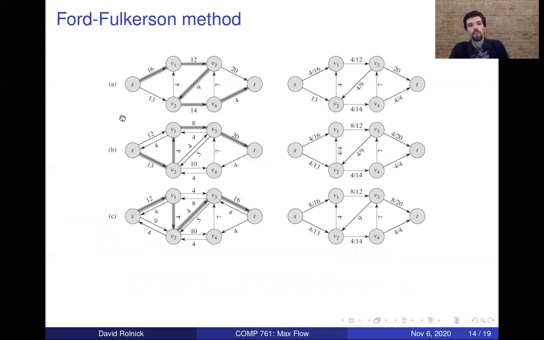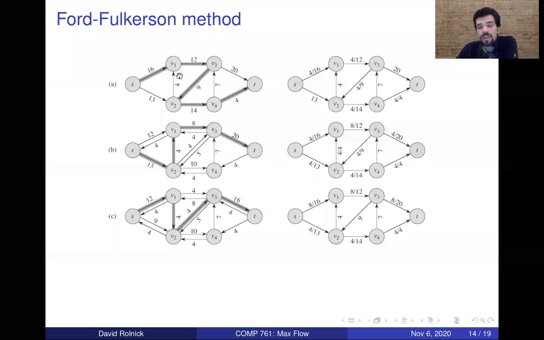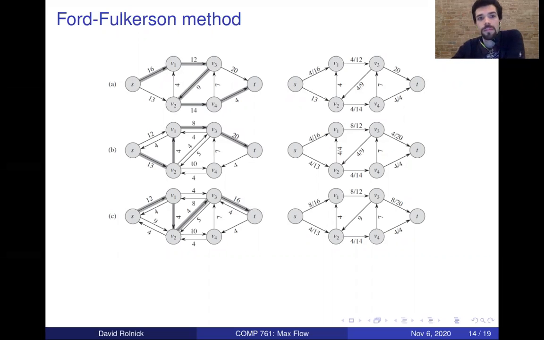So here, we can start out with a flow network with no flow along it. A flow network with no flow along it is just going to have itself as the residual network, because there are no edges going in the opposite direction. So we find an augmenting path. It's just a path. Here's a path.